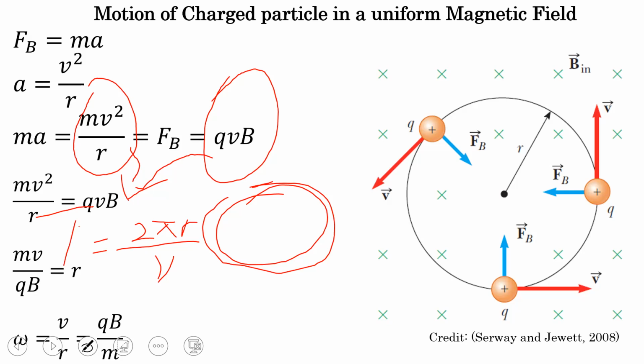So the distance around the circle is the circumference of the circle, which is 2 pi r divided by v. So that is time, and the time it takes for you to move around a circle or a cycle can be described as period. So the period is the time taken to complete a cycle, to move around a circle of radius r.